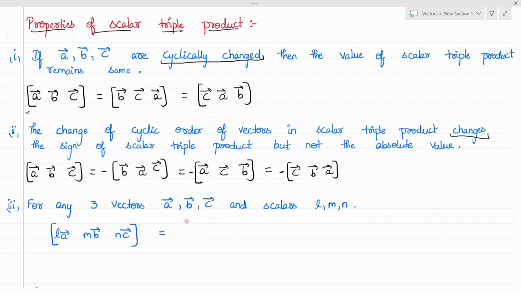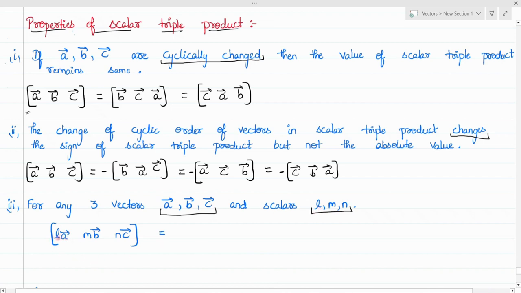Now coming to the third property. It is given as A, B, C are the three vectors and scalars L, M, N are given.